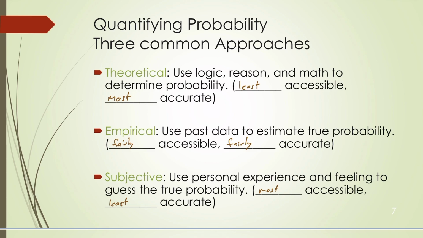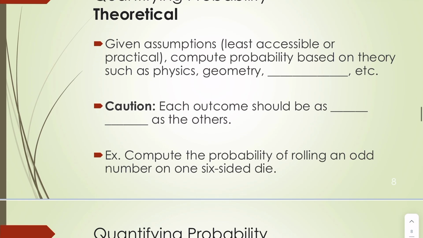Now, all of these are ways of trying to determine the true probability. There's some true probability that something will occur, but it's impossible to get to, and so we use theoretical, empirical, and subjective means to approximate it. All right, let's talk about that first approach, theoretical. So what you have is given assumptions.